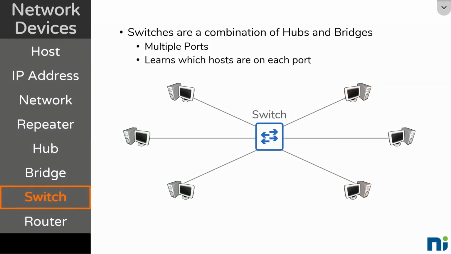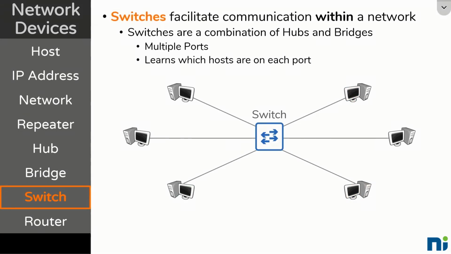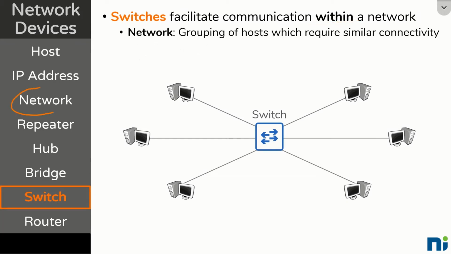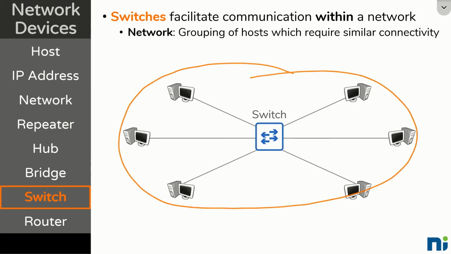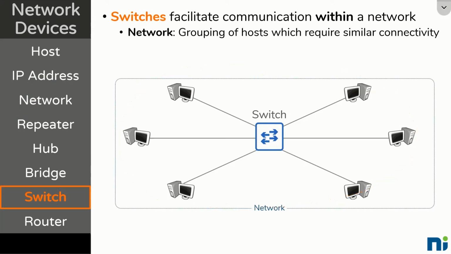The formal definition of a switch that we want to use is that a switch is a device which facilitates communication within a network. Earlier, we defined a network as a logical grouping of hosts which require similar connectivity, which means all of these devices over here all belong to the same network.